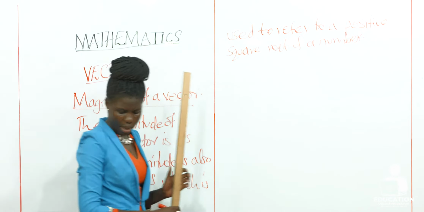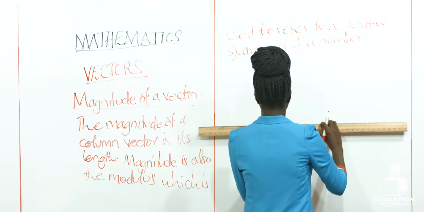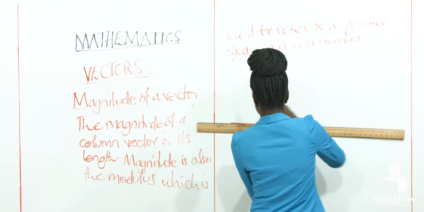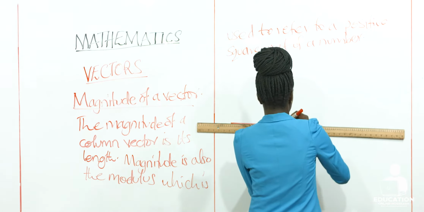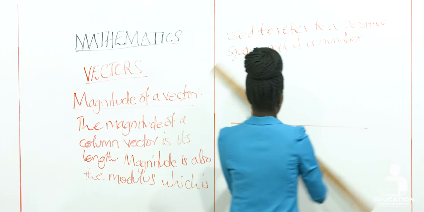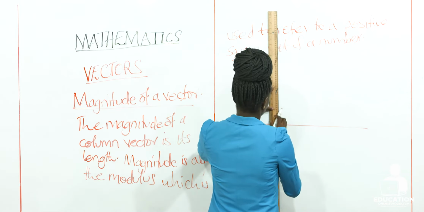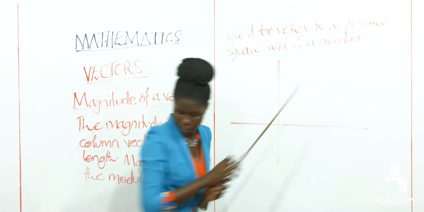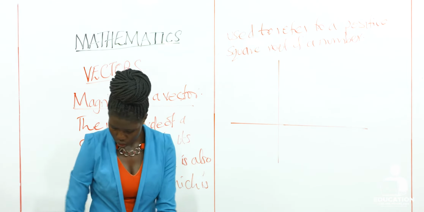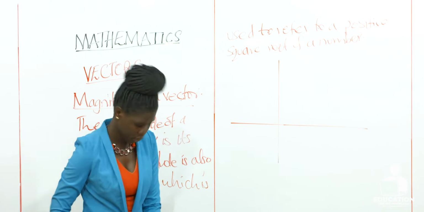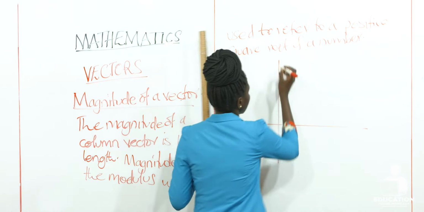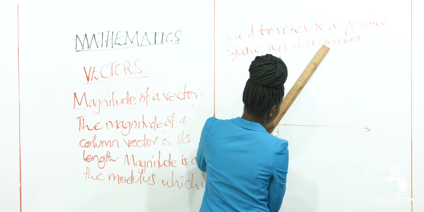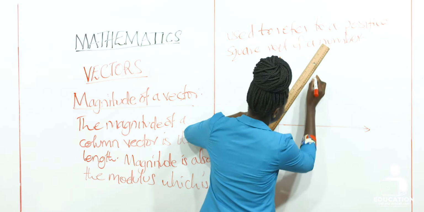For example, let us say let A be a point on a column vector. So we're going to have a drawing here. We are having a point A with the column vector x, y. Remember, it is magnitude, directions are always important. So we shall have a drawing like this.